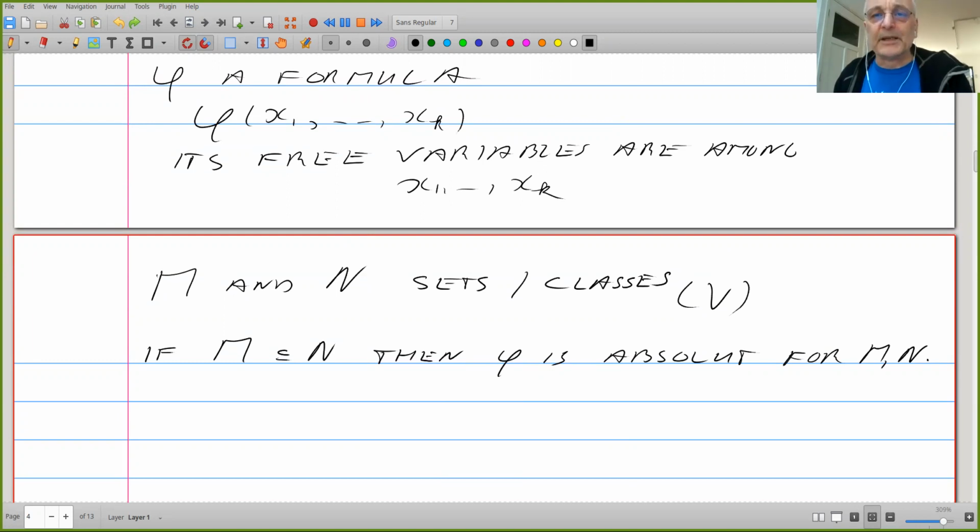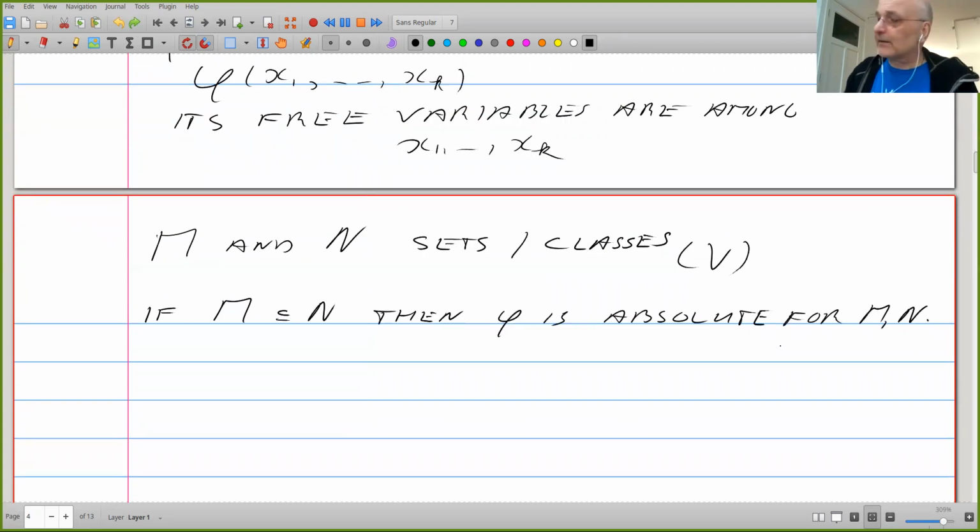It's a little bit ugly, but we say phi is absolute between M and N, which is something that I tend to say every now and then.